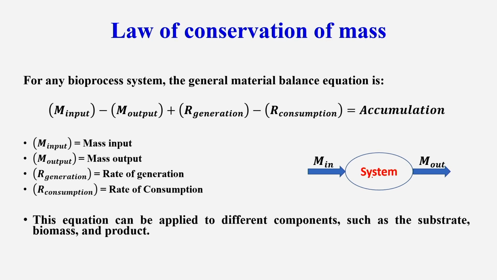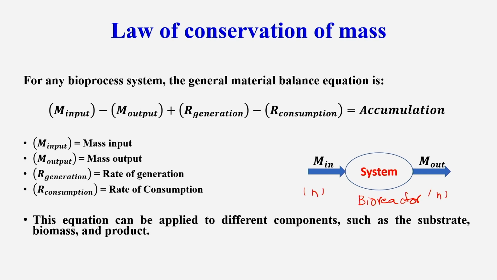First I will summarize the law of conservation of mass, then we will see how it can be applied in bioprocess. So, if you consider this is a system, as I told, in the bioprocess the system is your bioreactor or fermenter, and there are inlet streams and outlet streams. There can be n number of inlet streams and n number of outlet streams.